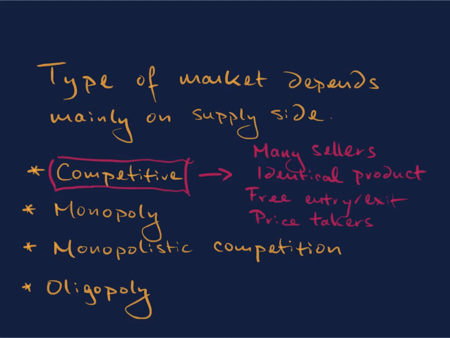If all of the gas stations are charging the same price for gasoline and they have as many customers as they want to sell to, then if one gas station were to raise its price higher than the neighboring gas stations, nobody would go there. That gas station would lose all its customers if it's charging a higher price than others who have an identical product.